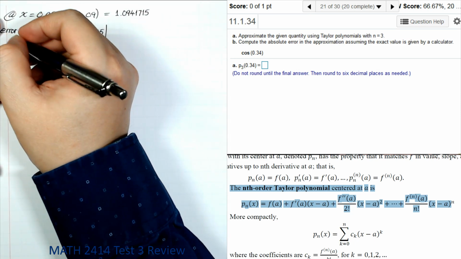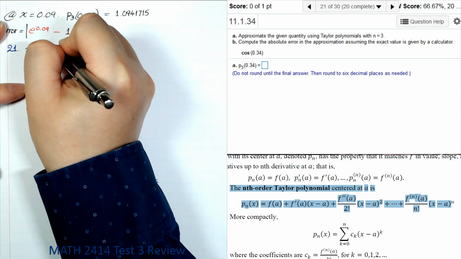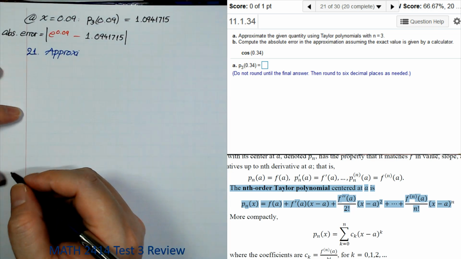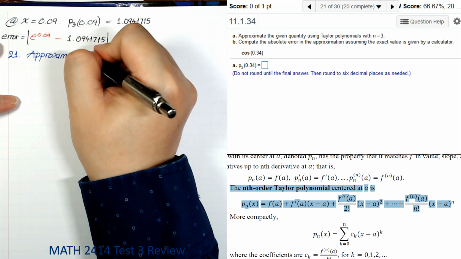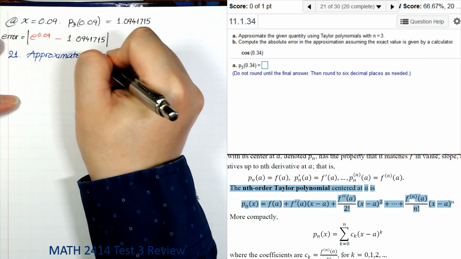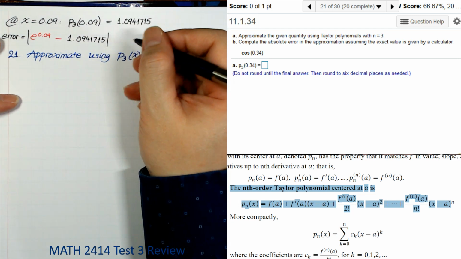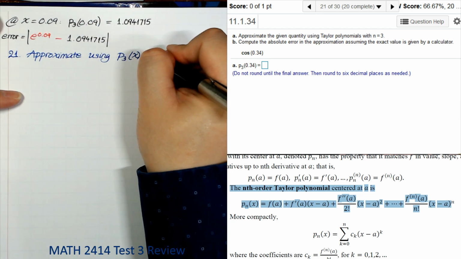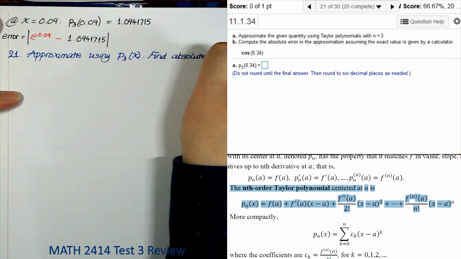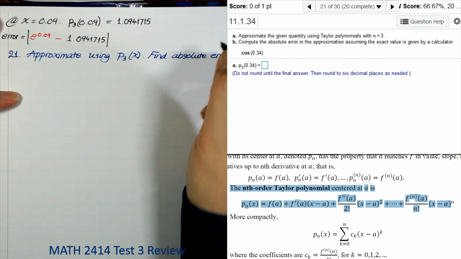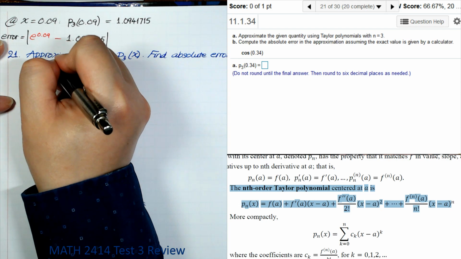Right, now approximate using P3, and find the absolute error, for cosine of 0.34.